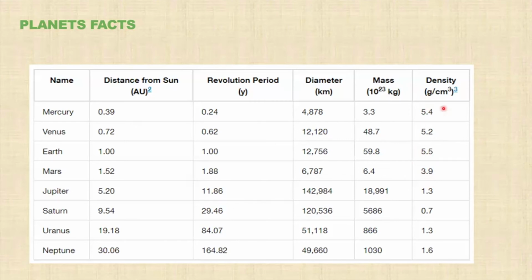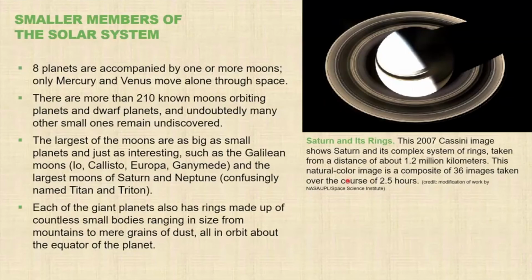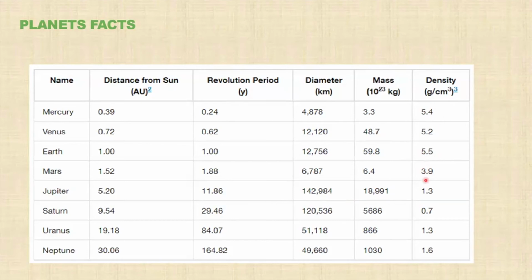For that reason, these four planets, Mercury, Venus, Earth, and Mars, are called rocky planets. They are mostly formed of rocks. These others are called gas giants, and hence their density is much smaller. Actually, Earth is the most dense planet.